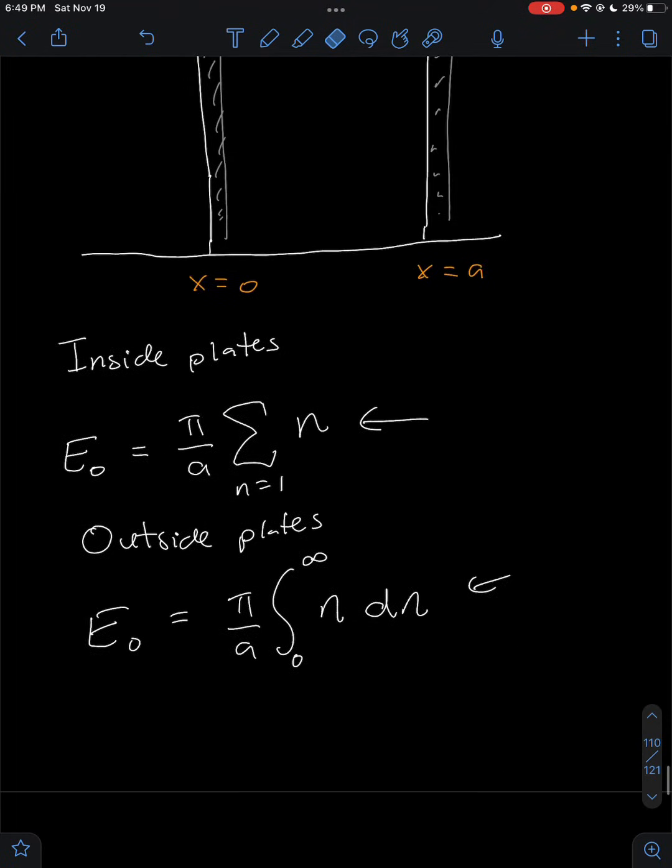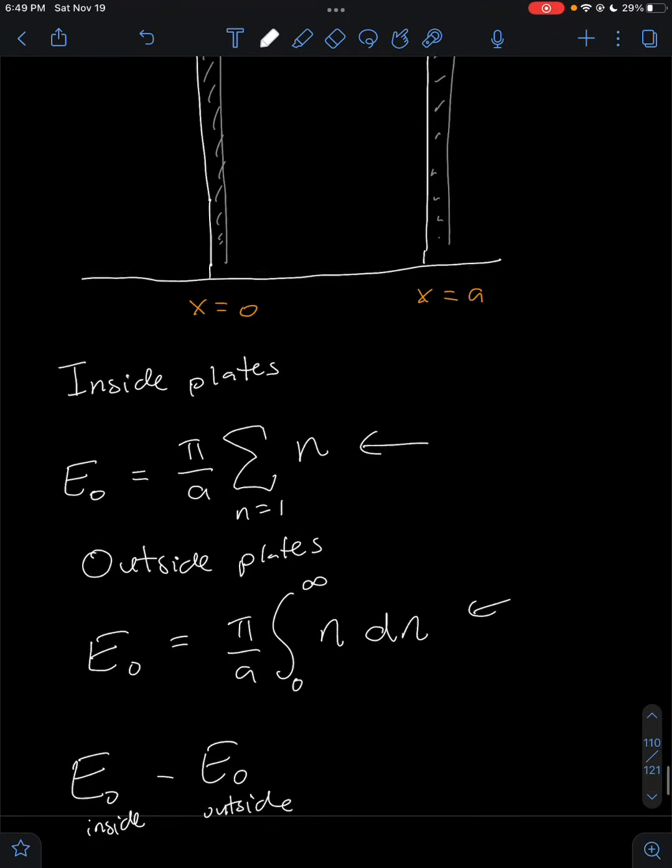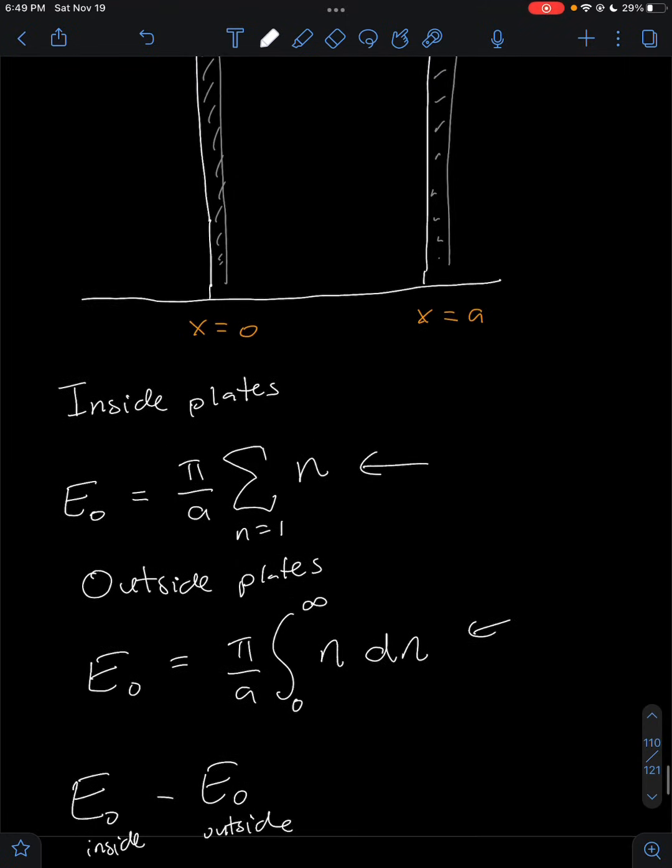Now, we can actually look at the difference between the energy density inside of the plates with the energy density outside of the plates. Because it turns out that there's actually going to be a difference.